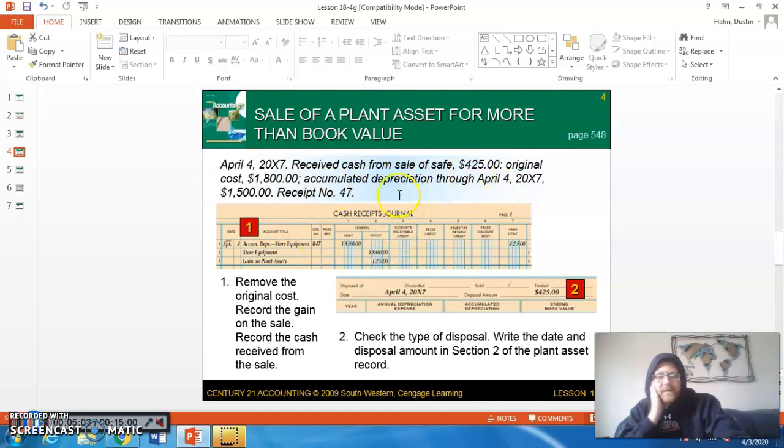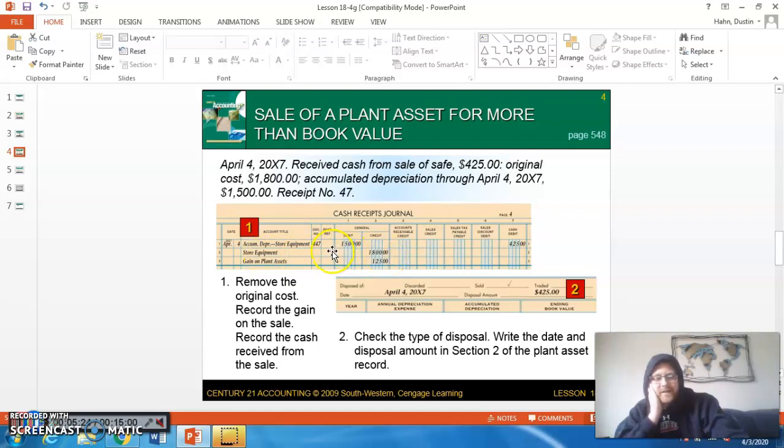So you receive 425. That's why that 425 is in the cash debit, because you received a check. You received that check because you sold the safe for 425. The original cost is 1,800, so right there is store equipment 1,800.